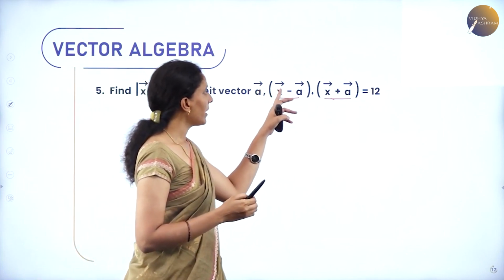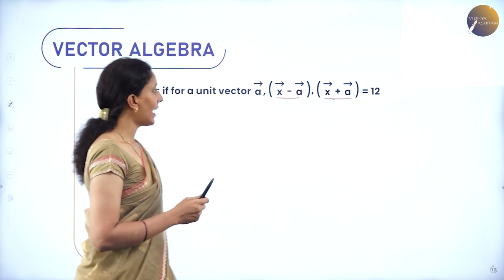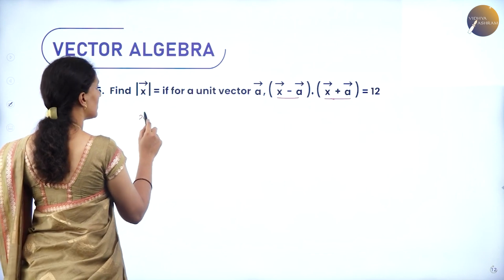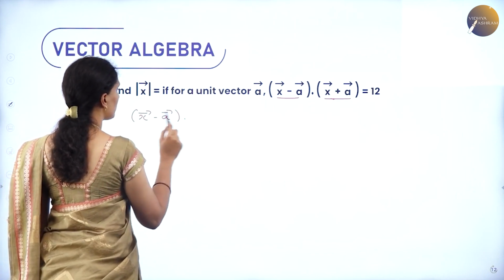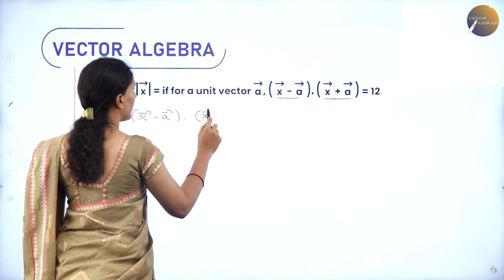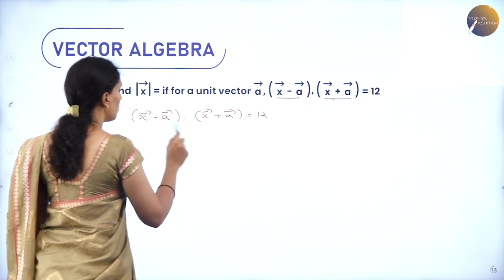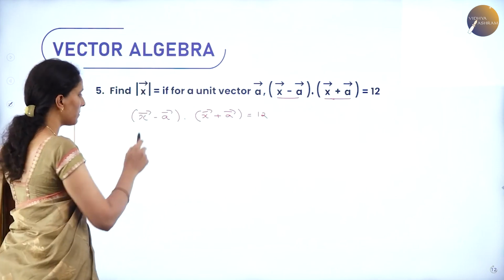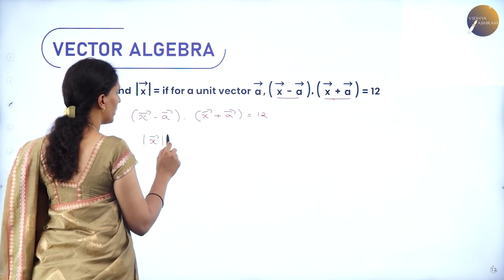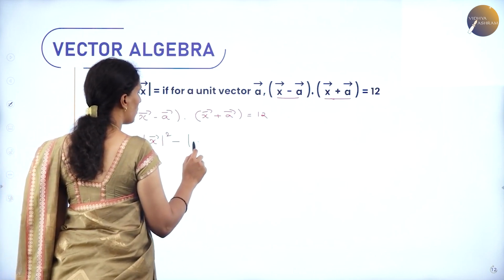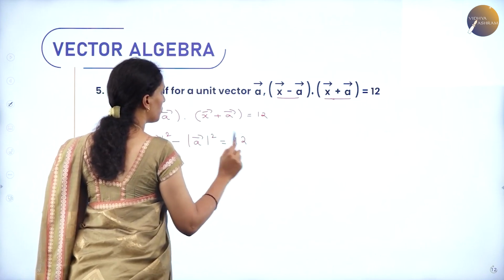Now we are multiplying two vectors, so we can use the dot product form and directly write x minus A dot x plus A is equal to 12. Using the formula, this becomes modulus of vector x square minus modulus of vector A square is equal to 12.